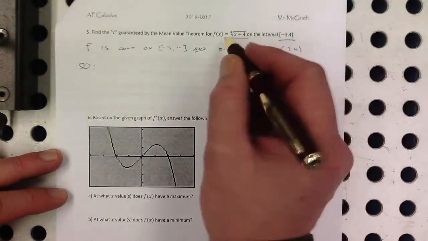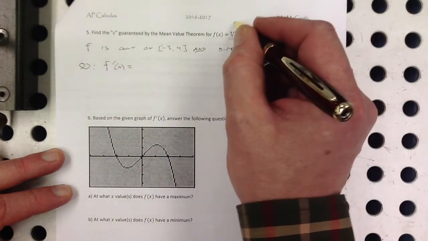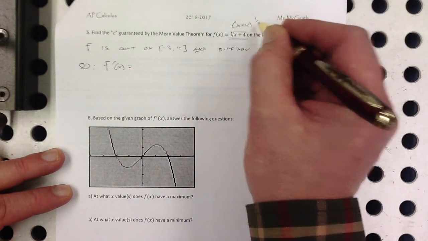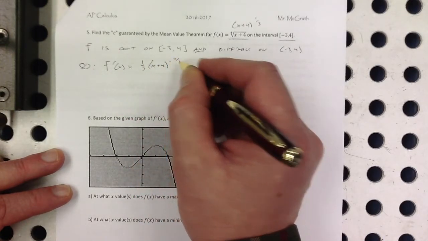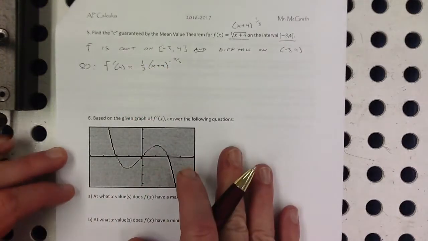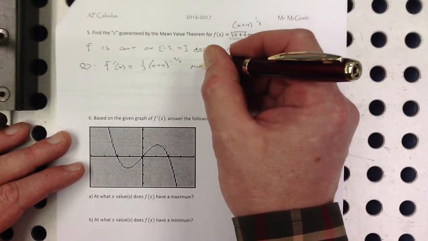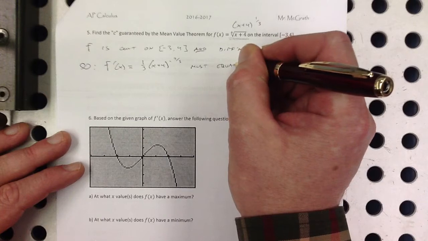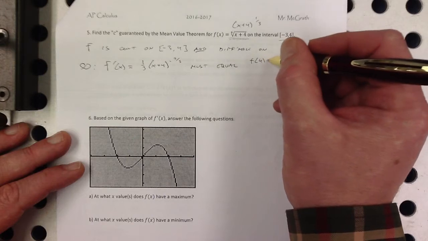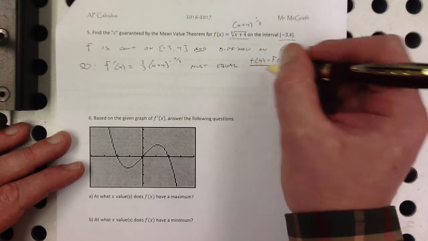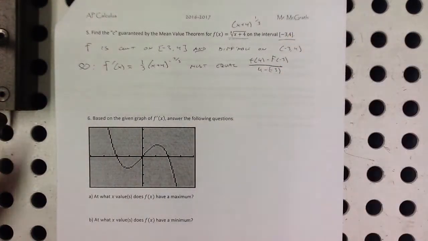So that means the derivative here, f prime of x, would be, that's the same as x plus 4 to the 1/3. So 1/3 times x plus 4 to the -2/3 times the derivative of what's inside is just 1. So that must equal the average slope, which is f of 4 minus f of -3 over 4 minus -3, somewhere in this interval.